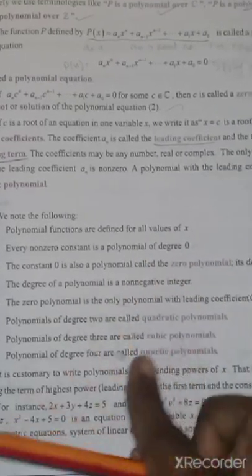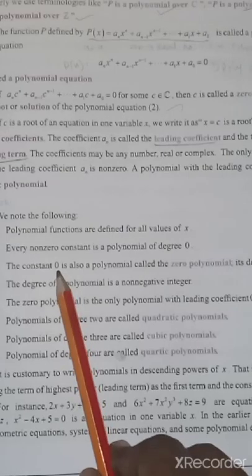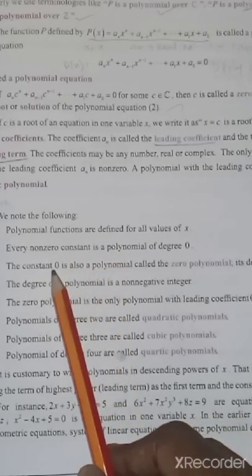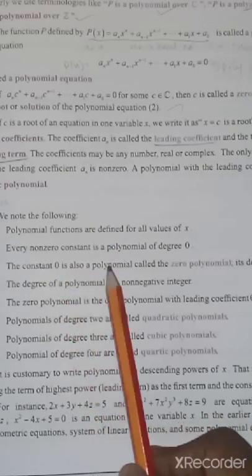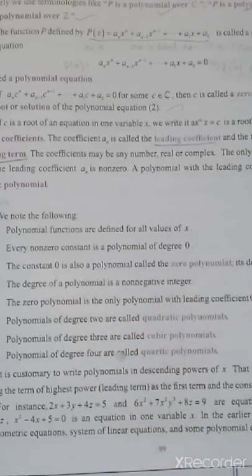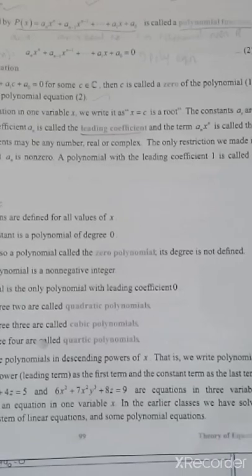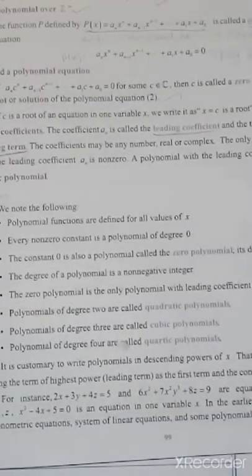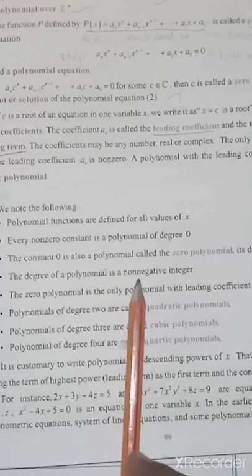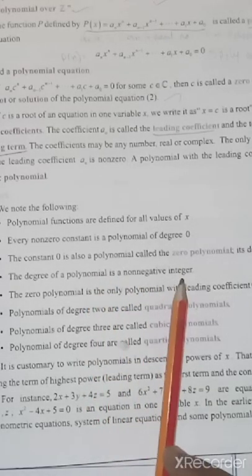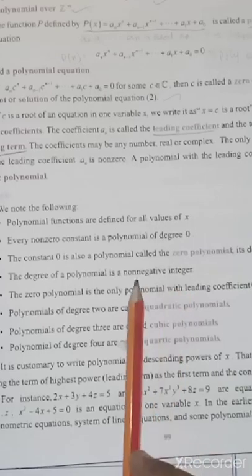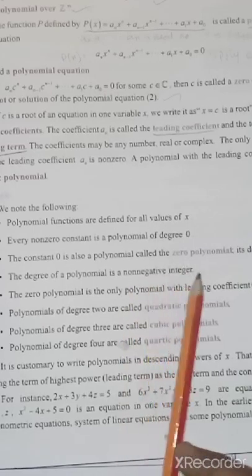And next, if the constant is 0, it is also called the zero polynomial, and its degree is not defined. Degree is not defined, okay? Now the degree will always be a non-negative integer. It will not be negative.